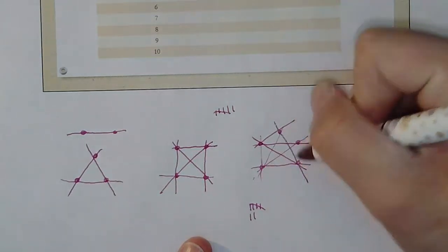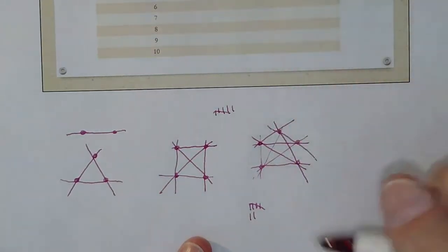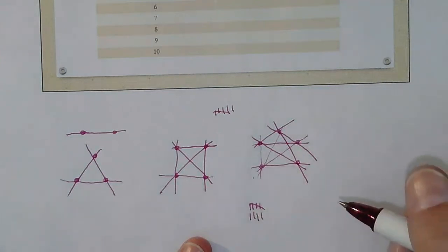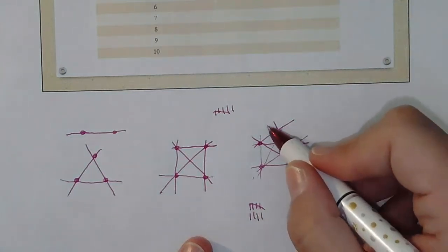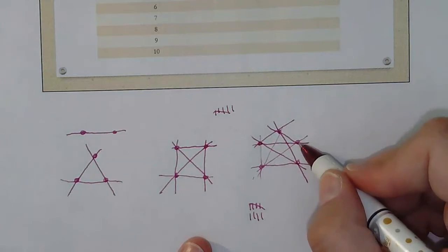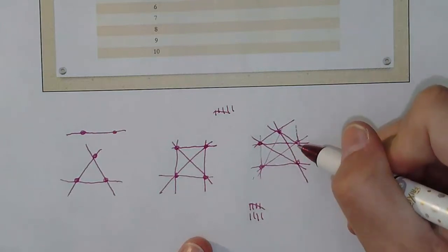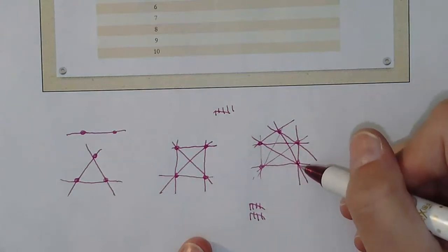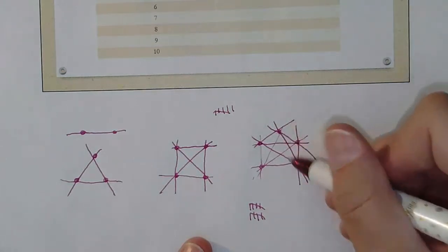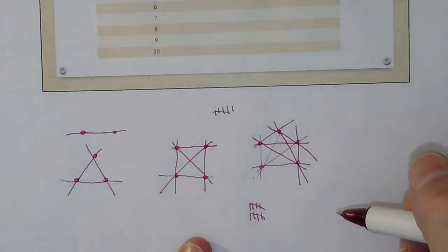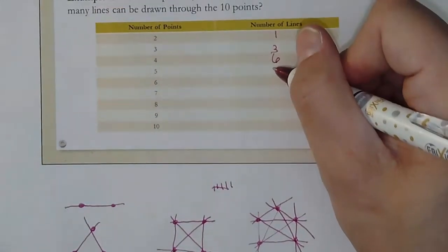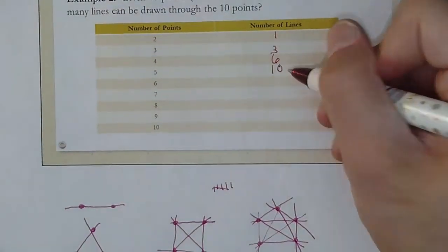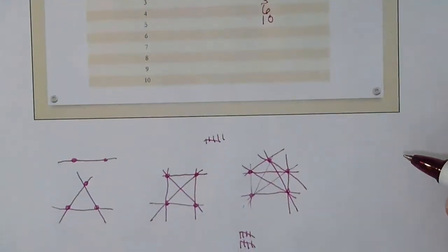So I can go 1, 2 more. This point has gone here, it's gone here, it's gone here. It hasn't gone here. So that's 1 more. This point has already gone everywhere. So with 5 points, it can go 10 lines.